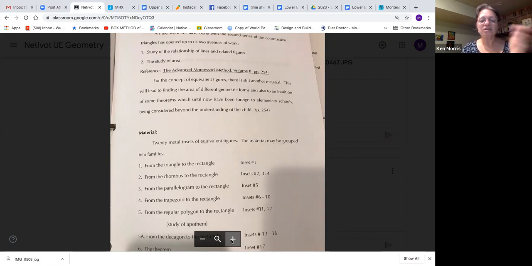So you see, we're always going back to the rectangle because that's what we know, right? That's the defined area. From the parallelogram to the rectangle, from the trapezoid to the rectangle, from the regular polygon to the rectangle, from the decagon to the rectangle. And that last one that you can't see says the theorem of Pythagoras, which we already looked at, okay? So this kind of gives you an introduction.